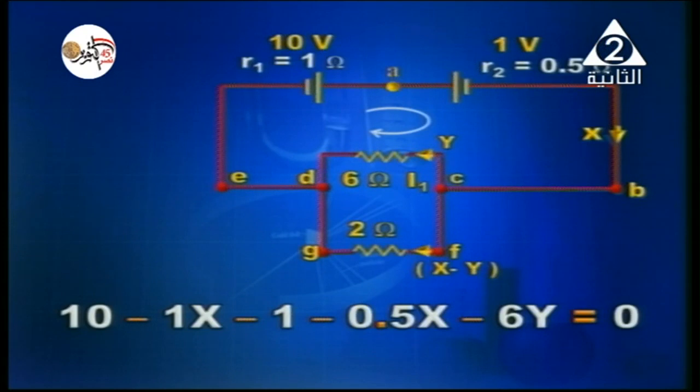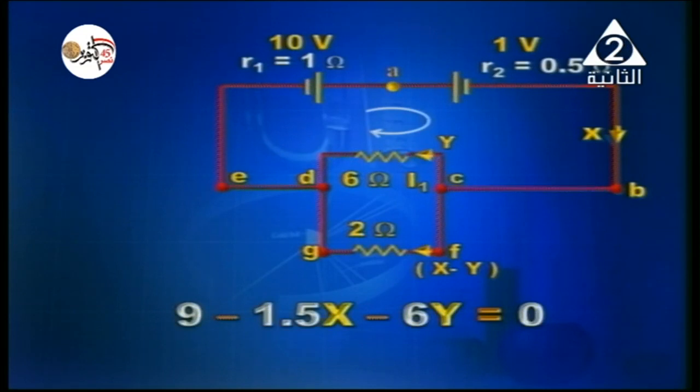And of course, the current that passes through the 2 ohm resistor is x minus y. So 10, the voltage of the battery, minus the current flowing x times the internal resistance 1, minus the voltage of the second cell, because it is opposing the first, so minus 1, minus 0.5 times x, minus 6y, the voltage drop across the 6 ohm resistor, all equal to 0.